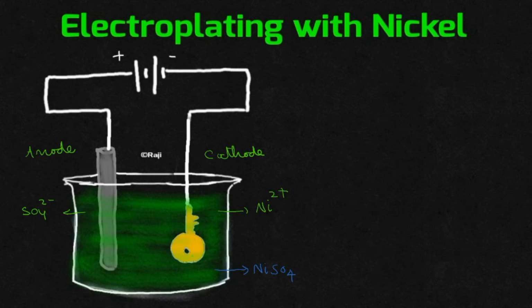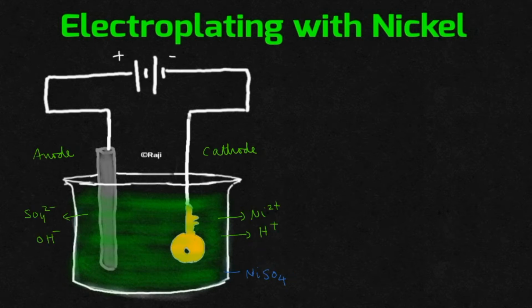As it is an aqueous solution, H+ ion and OH- ion will also be present. In the solution 2 cations and 2 anions are present, but at a time only one gets a chance to be discharged, and that is known as preferential discharge. Everything was discussed in the previous videos, so you will know that.